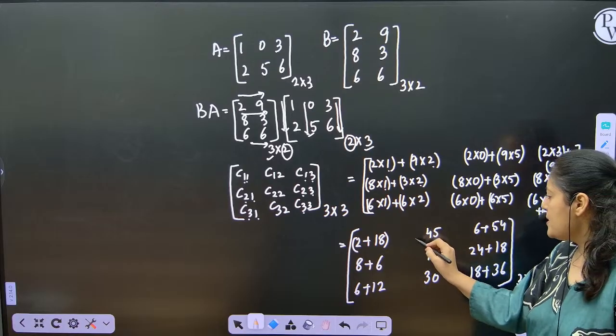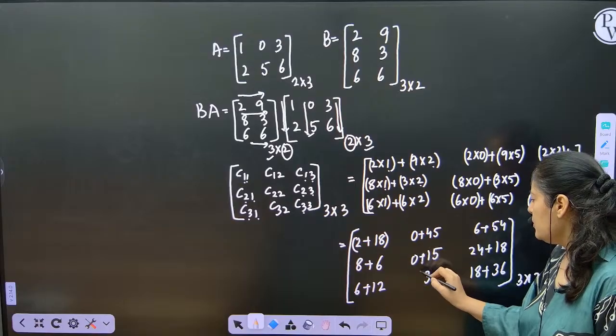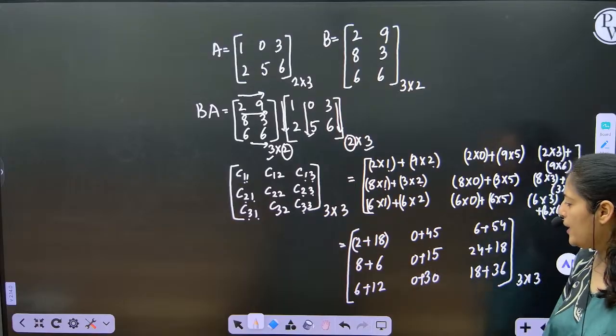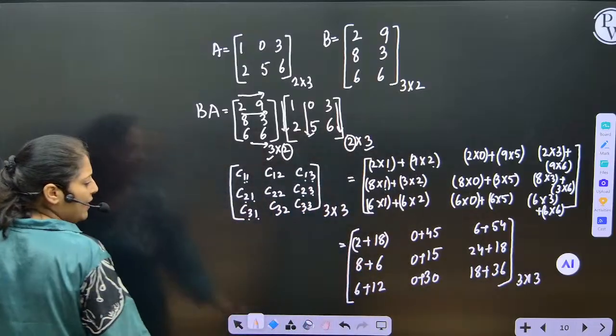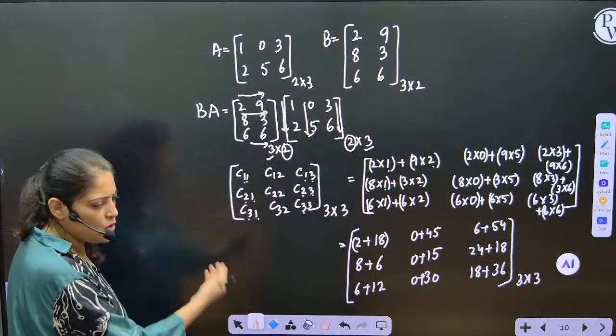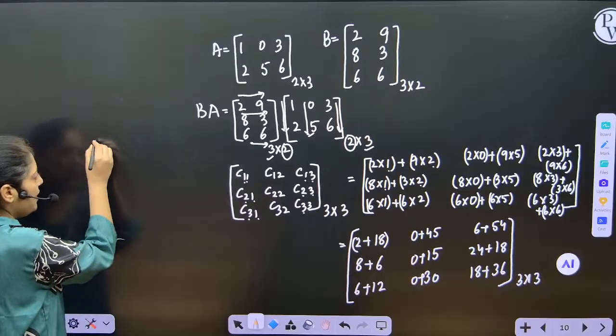If you want to add 0 plus, you can write it here. No issues, but anyhow the answer will come out the same. That's why I do it that way. Instead of using the next page, because of the calculation here, I am writing on the left side.